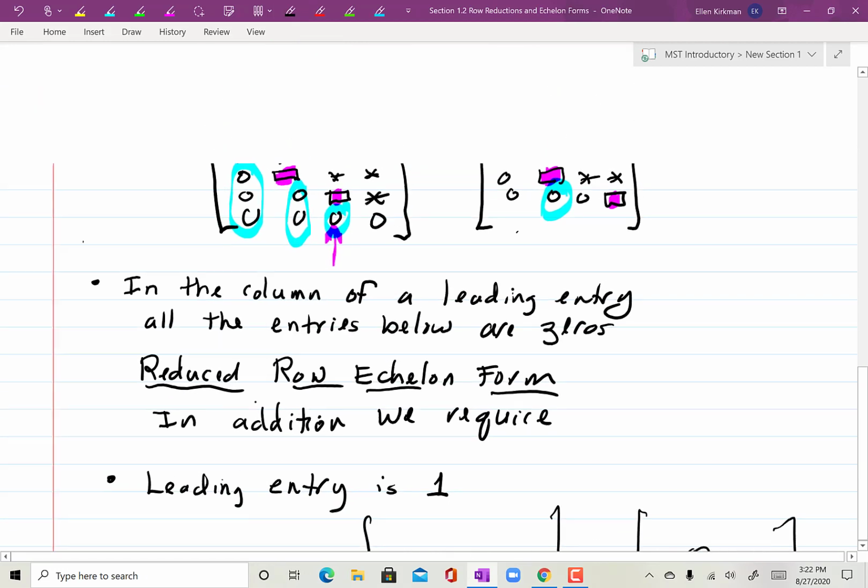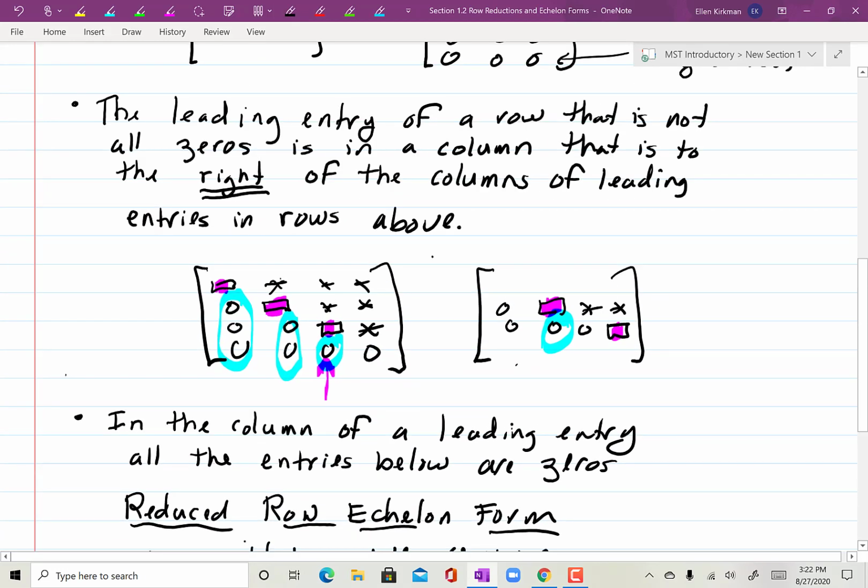Okay, so that didn't have to be the case here. In this particular case, this did not have to be a 0. These could be anything. But now, well, not this one, because this doesn't correspond to a leading entry.